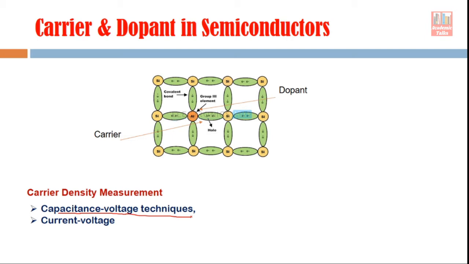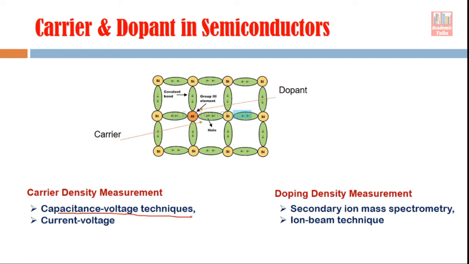There are other methods for finding doping density, but these will be discussed in other lectures. Today we focus on a variation of the capacitance voltage method, where we find the maximum and minimum capacitance, and from that data we will find the carrier concentration.